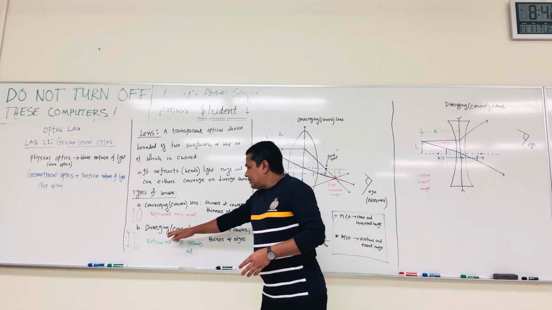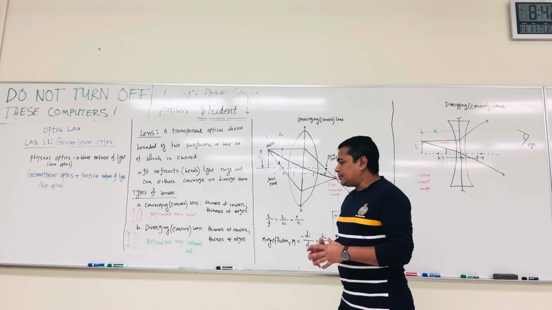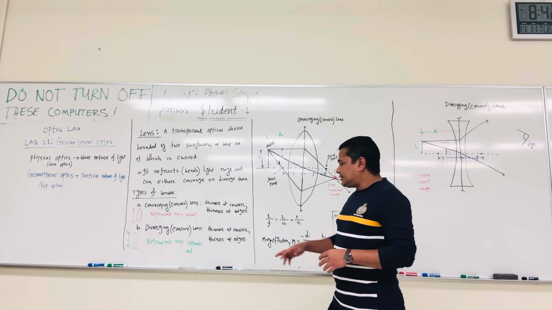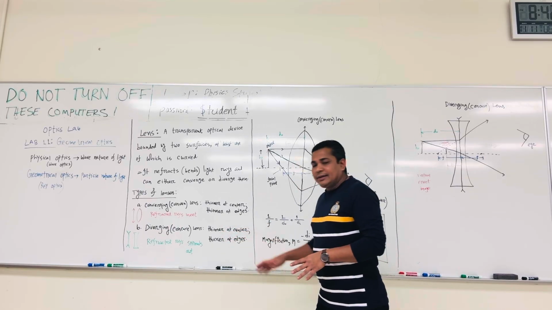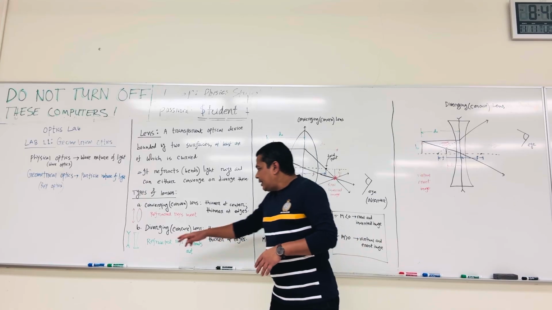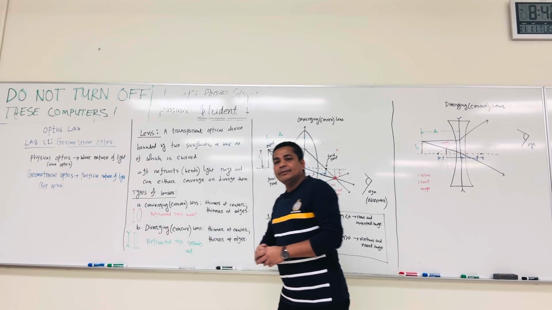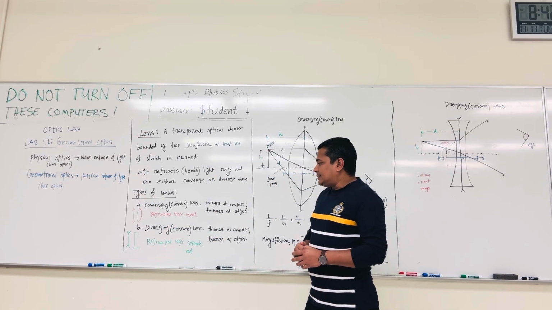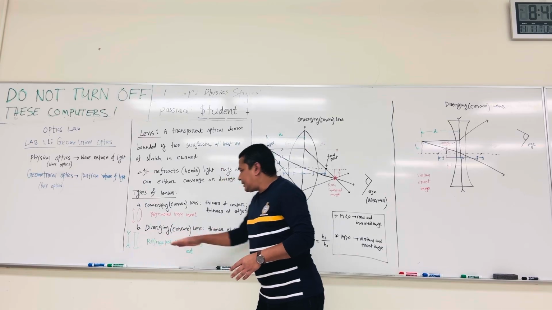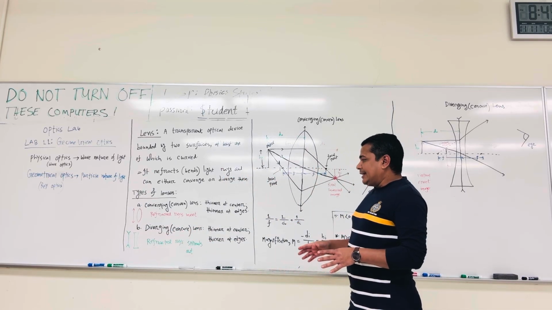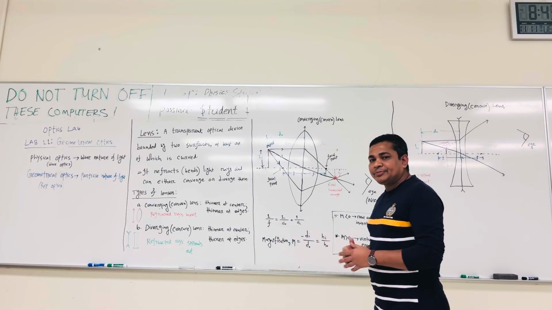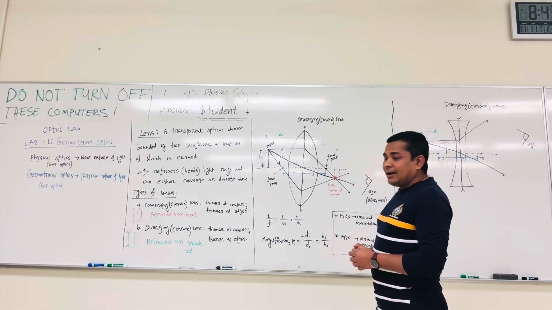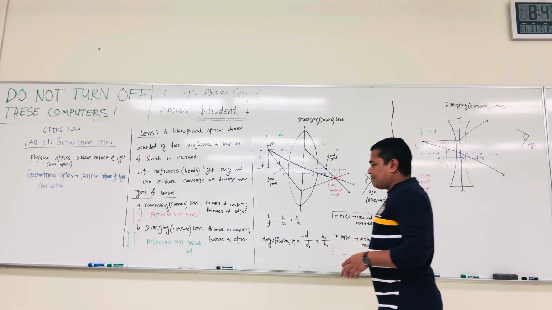So this is the shape of the diverging or concave lens. It is thinner at the center and thicker at the edges. And this shape is the diverging lens. In the case of a diverging lens, the refracted rays spread out. Okay, and we'll talk about this now.